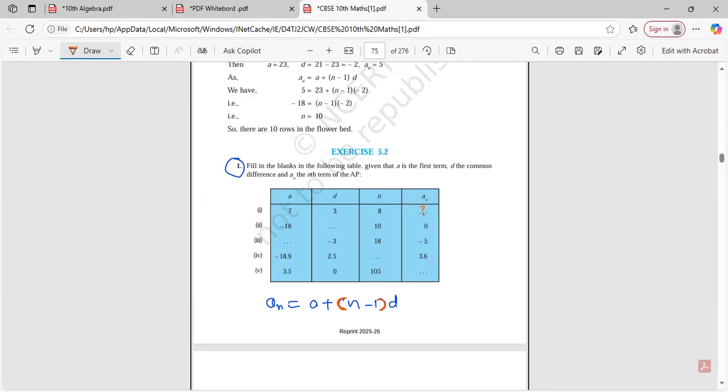Here you need to find an. Here you have to find d. Here you have to find a. Here you have to find n. Here you have to find again an. Like that. So these are the questions for your homework. Try these questions.